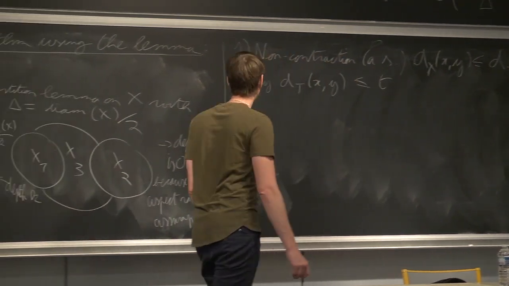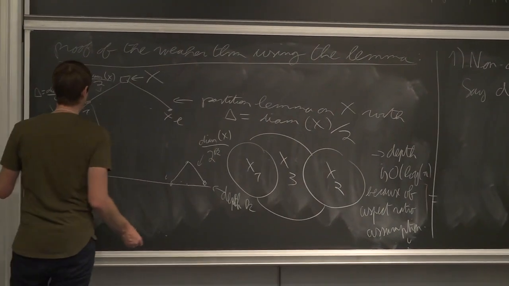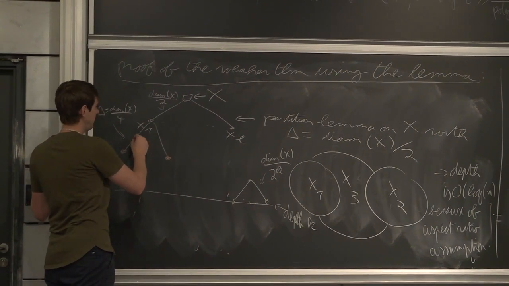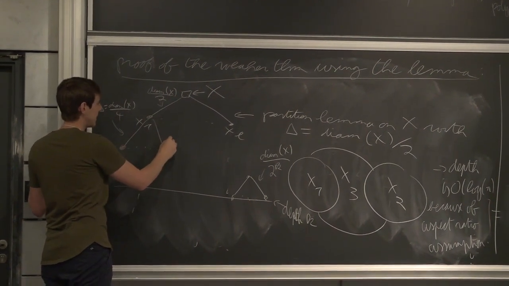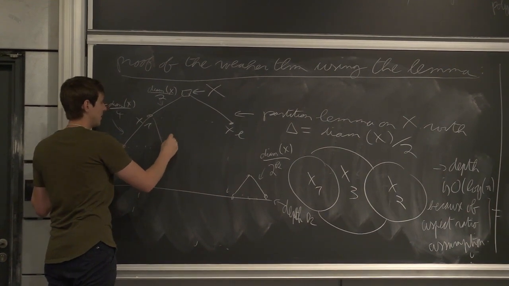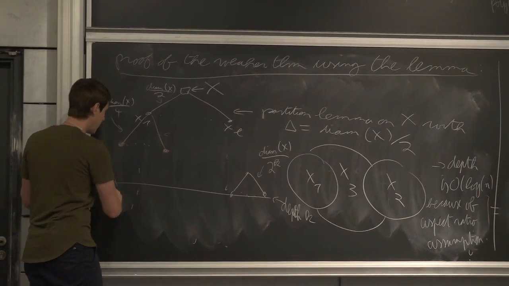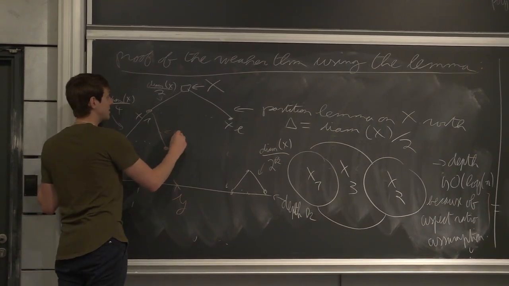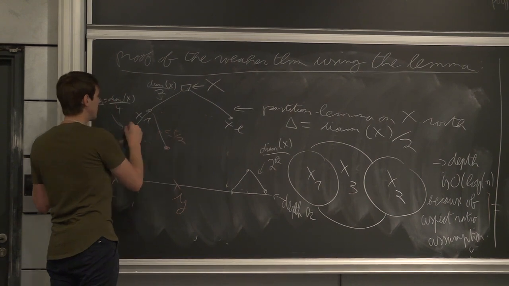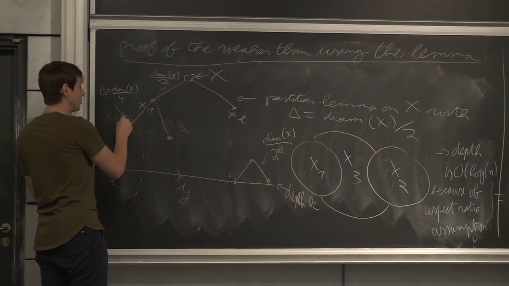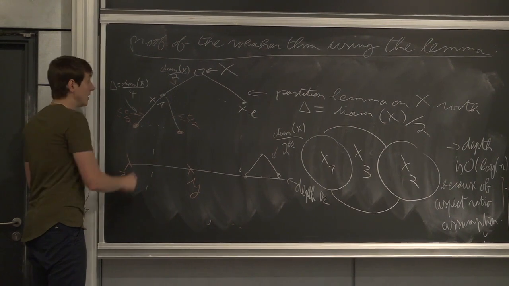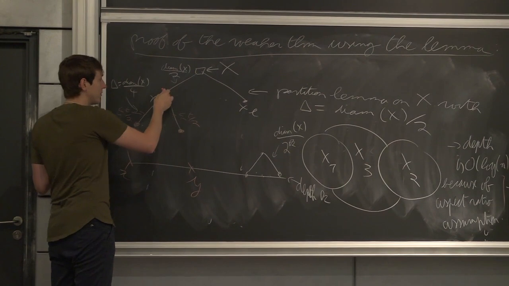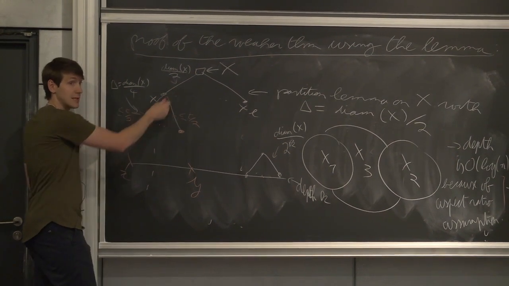Then certainly it must be that this edge is of length less than t over 2, and this one should be less than t over 2. In fact, those two points are included in a partition element of diameter at most t, because that's kind of the definition.